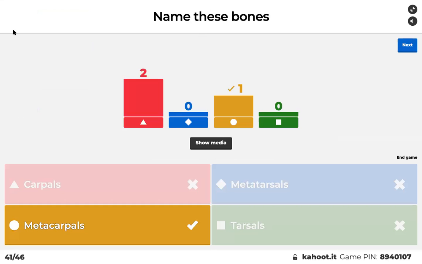Your carpals are your wrists, and metacarpals are in between your phalanges and carpals.